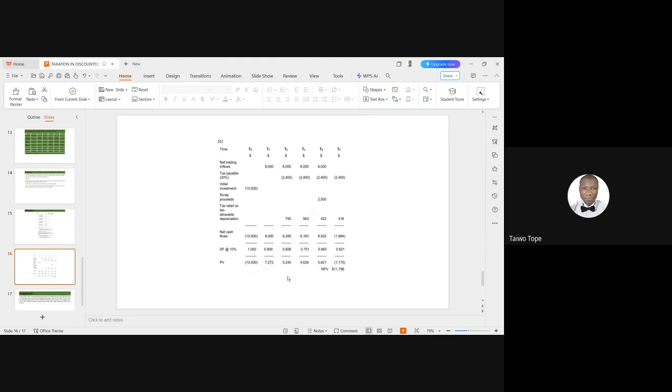So the NPV will now be what? You add all the positive and less the negative, you're going to have the NPV of $11,796. That will be the NPV. I hope this is clear.